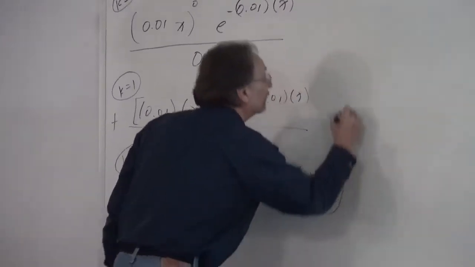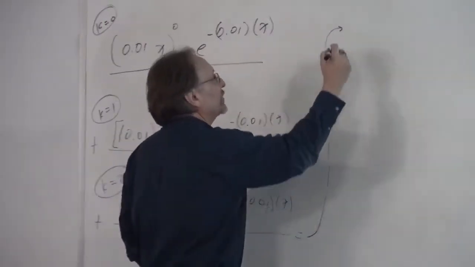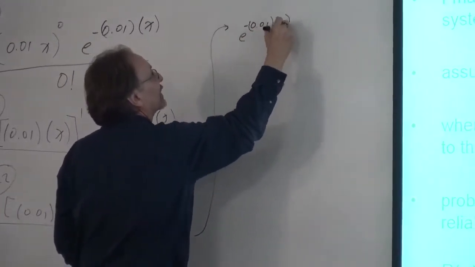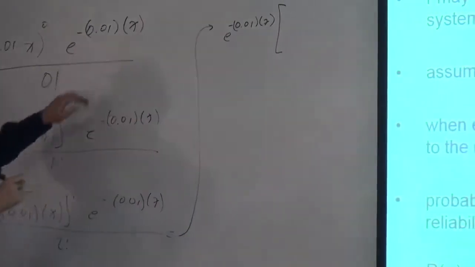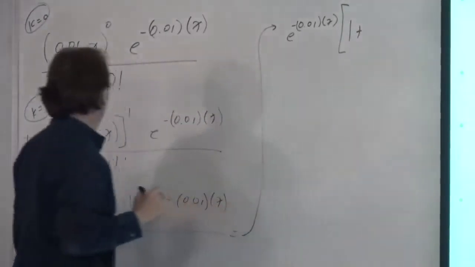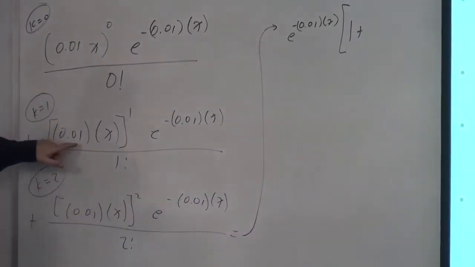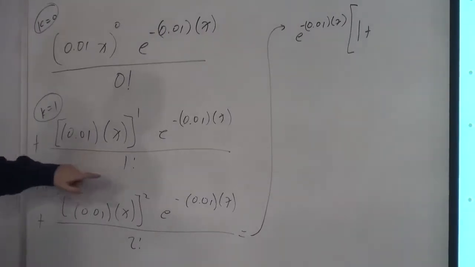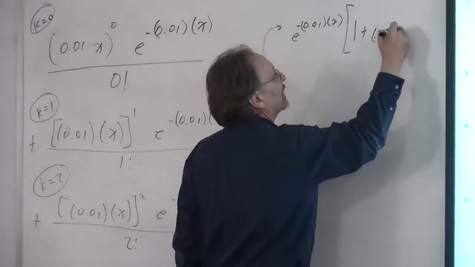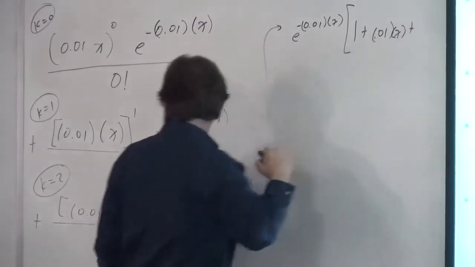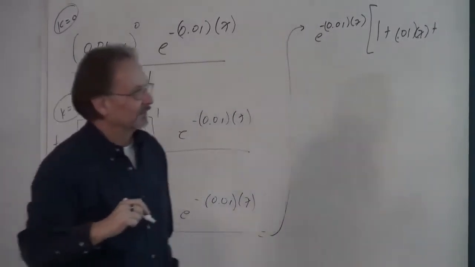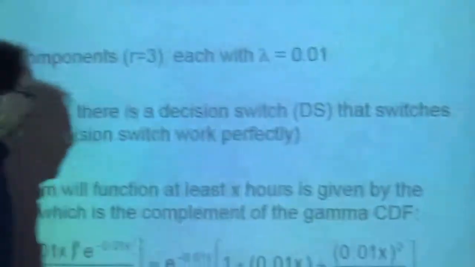The first term is 1 over 1, so that's 1. Plus 0.01 times x over 1, so it's 0.01 times x, plus 0.01 times x squared over 2. That's here.